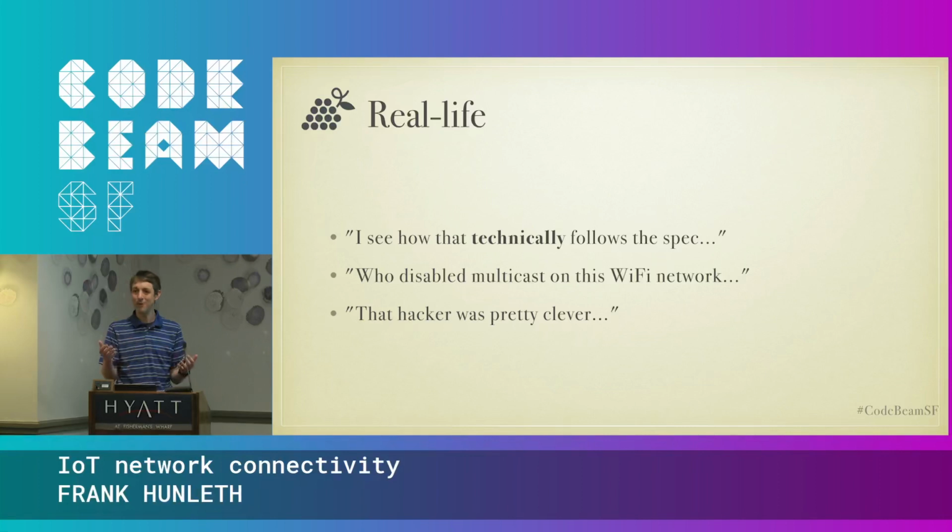Then you find out that half the people using it are on corporate LANs that have disabled multicast, and they have no idea why none of their devices show up, and then they ask for help, and we have no clue what's going on, but this has come up enough that we have some guesses. This last one though, this is the one that I think really needs to be watched.